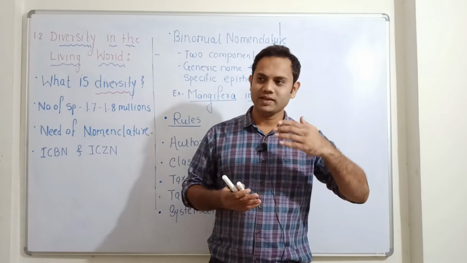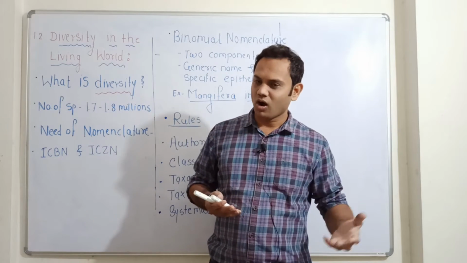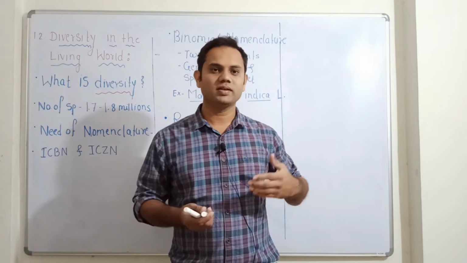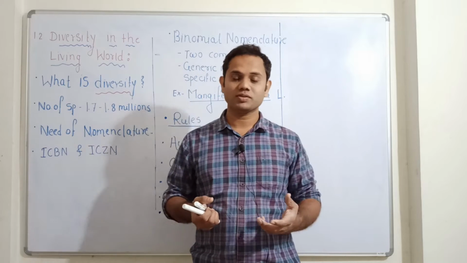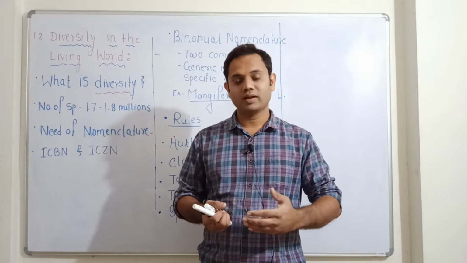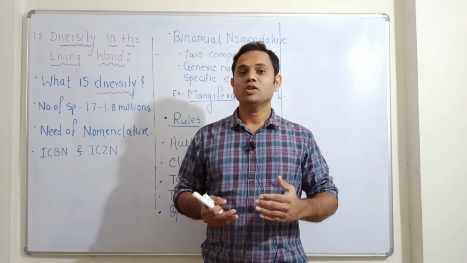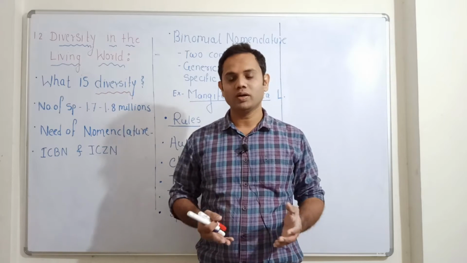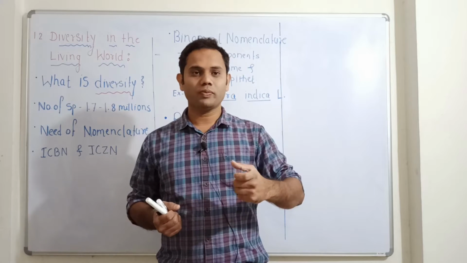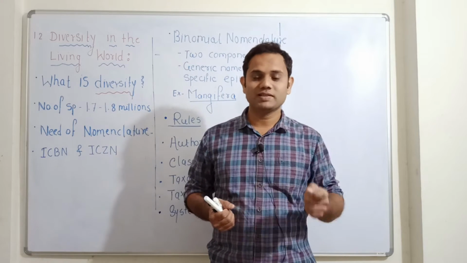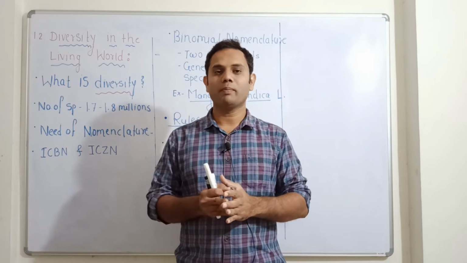You will see different types of organisms like cat, dog, horse, elephant, tiger, lion, different types of insects, butterflies, moths, fishes, and different types of plants. There is a tremendous number of organisms on this earth. All this constitutes biodiversity.